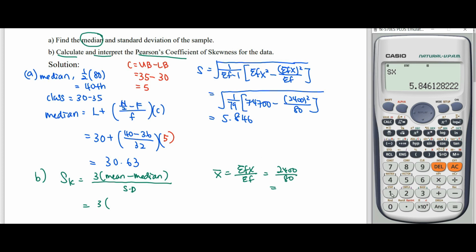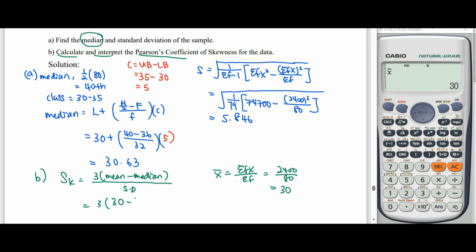So the value of the mean is 30. Median, as we calculated just now, 30.63, over standard deviation, 5.846.